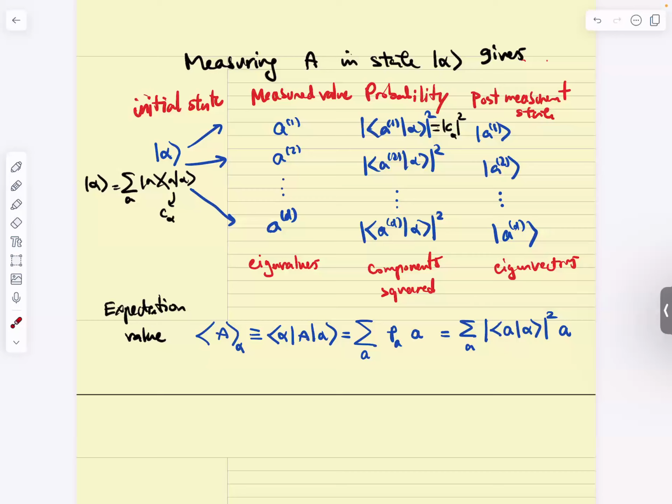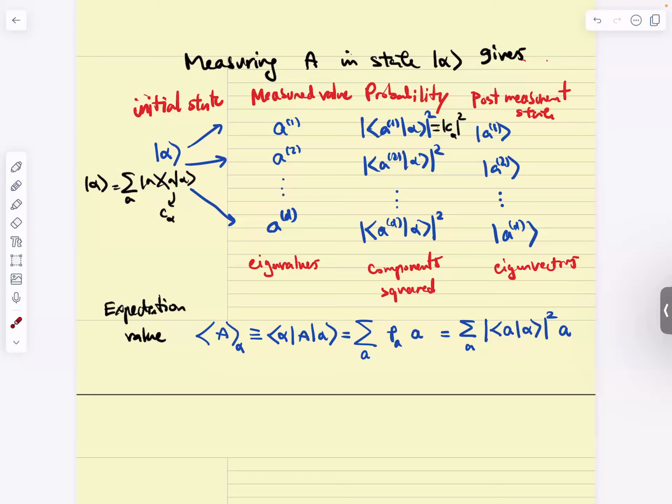There is no way to do better. There are no predetermined values. There are no laws of nature that, before the measurement, can tell you deterministically what will come out. It will come out as this result with this probability, and the post-measurement state is this ket, or it comes out as this result with this probability and the state is thrown into this ket, and so on and so forth.